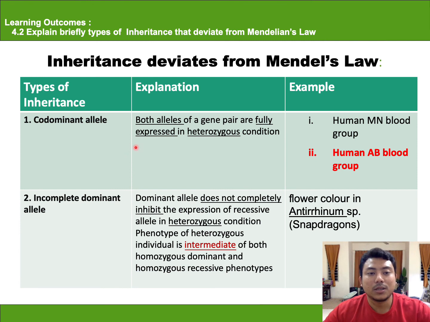Okay, so here is the list of inheritance that deviates from Mendel's law. The first one, codominant allele, represented by the example of the human MN blood group. Incomplete dominance, shown by the Antirrhinum sp. plants, i.e., the snapdragon plants.